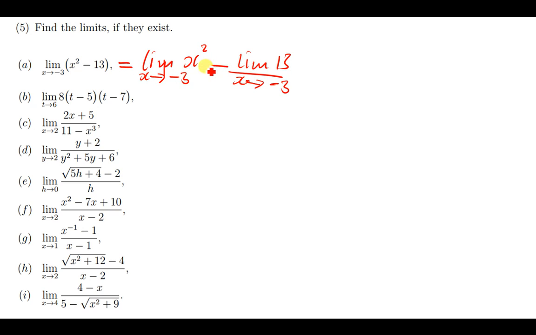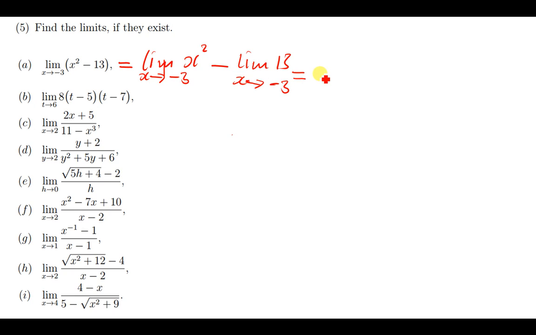So what you have here is, this part here is found by replacing negative 3 where there's x there. So I'm going to remove the line. We're just going to replace this x with negative 3.